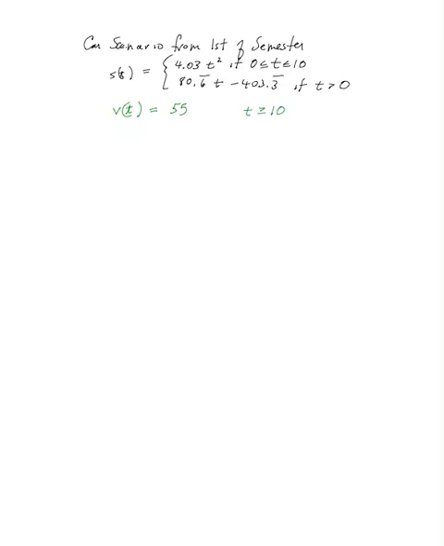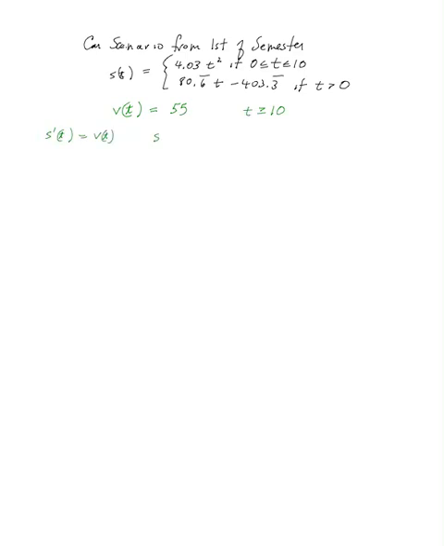So what's the position for t greater than or equal to 10? The velocity is positive 55 because I'm going in the positive direction. Well, I know that s prime of t, the derivative of position, is velocity.